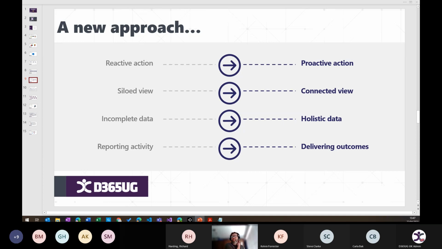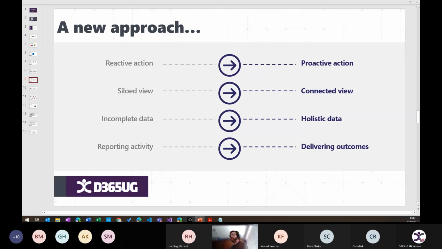A lot of charities were reactive to things going on, so trying to move that to be proactive, we'll gather the data together in a system that is well structured. We can get the insights from it, and we can act on those insights as well.